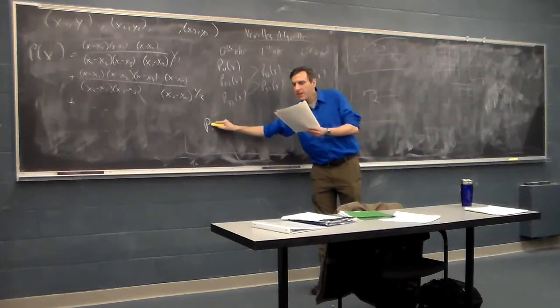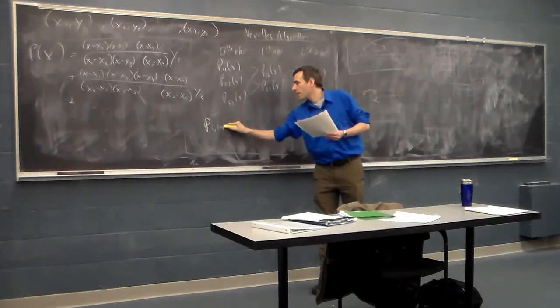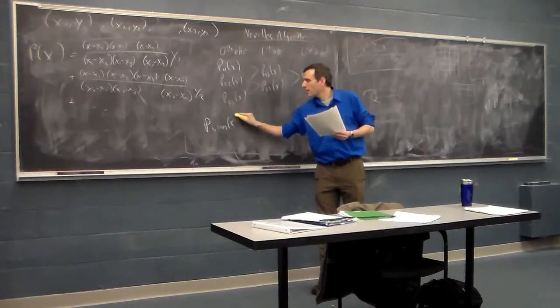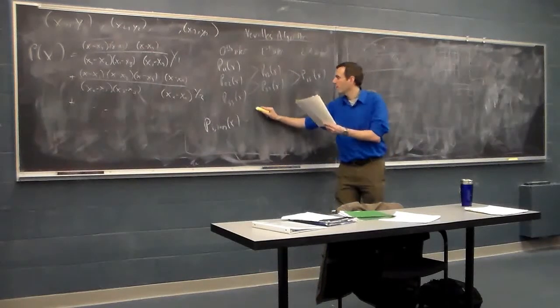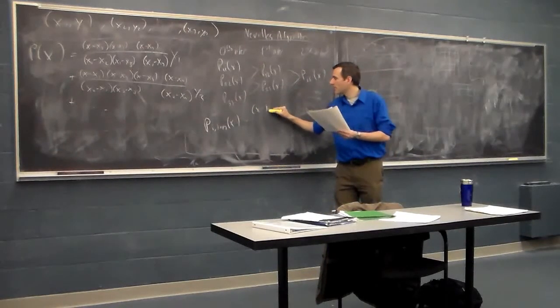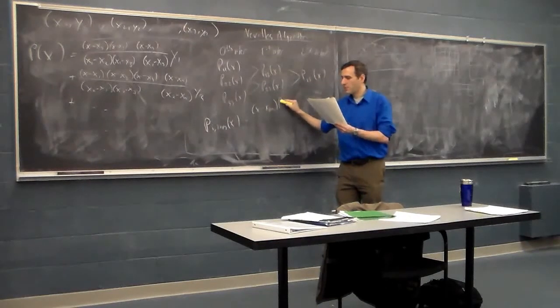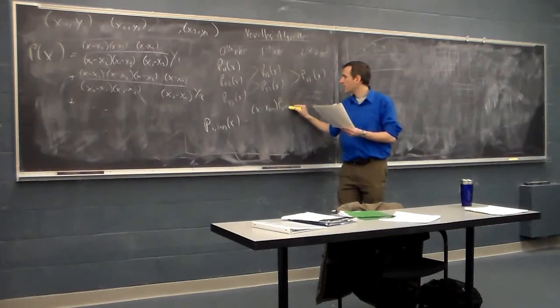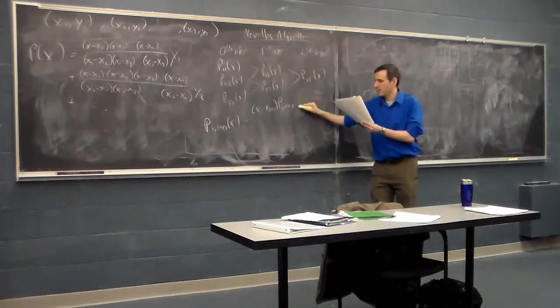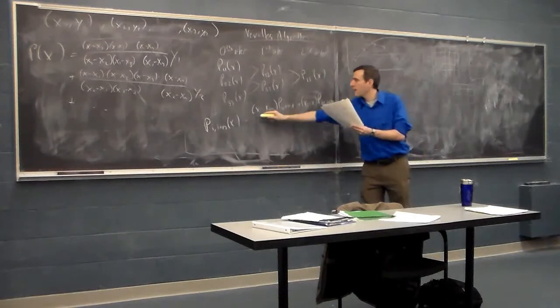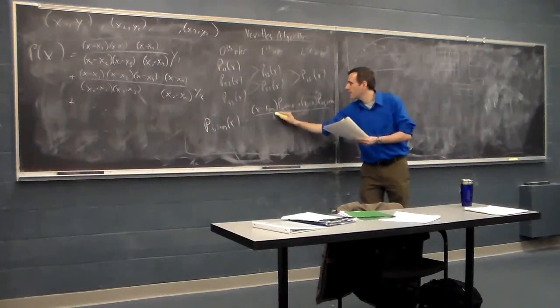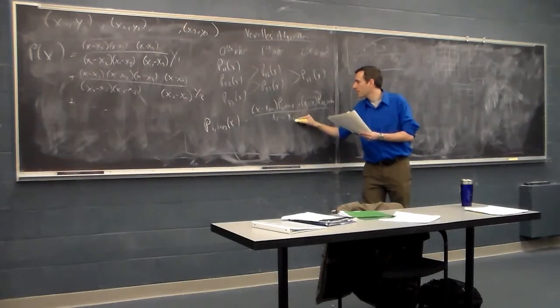We'll define P i, i plus m, the polynomial that matches points i through i plus m, to be the following: x minus x i plus m times P i, i plus m minus 1, plus x i minus x times P i plus 1, i plus m, and then that whole thing divided by x i minus x i plus m.